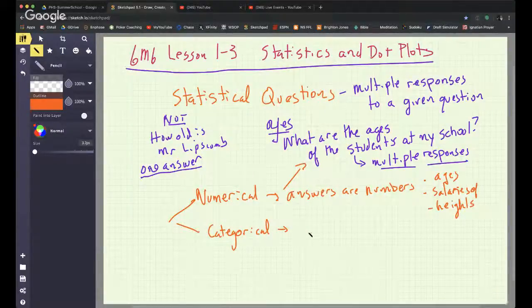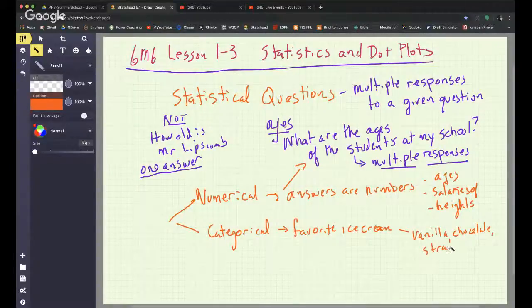Categorical questions are different, but they're still statistical. They can be statistical if we said like your favorite ice cream, because that might be vanilla or chocolate or strawberry.